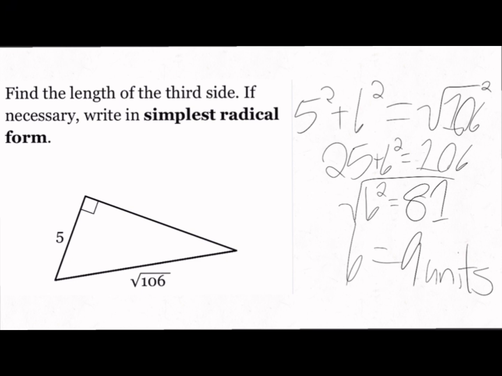I wrote the square root too early. Oh wait, no, that's square root 106. I'm stupid. 25 plus b to the second power equals 106, so b to the second equals 81, and square rooting that would be 9 units for the third side.